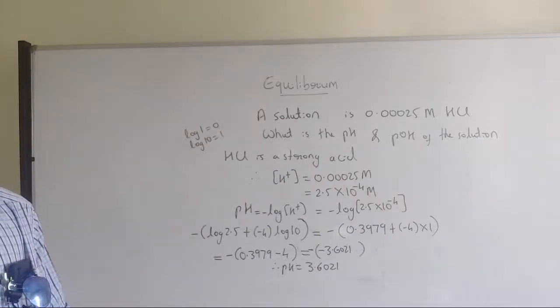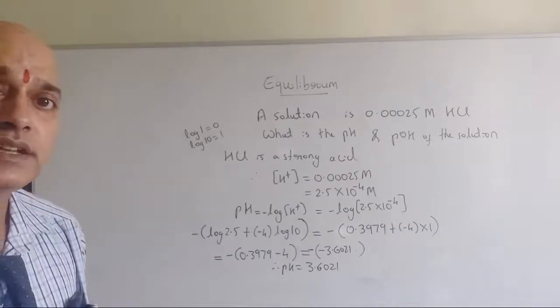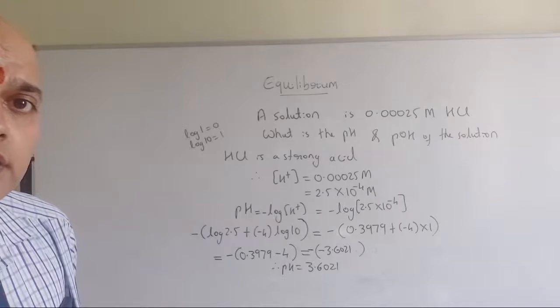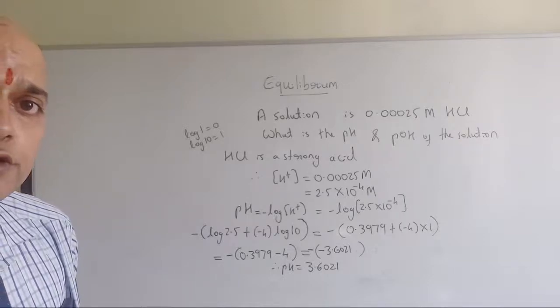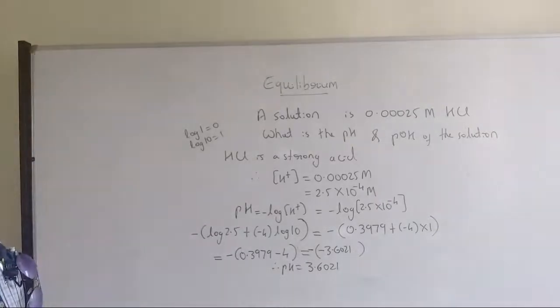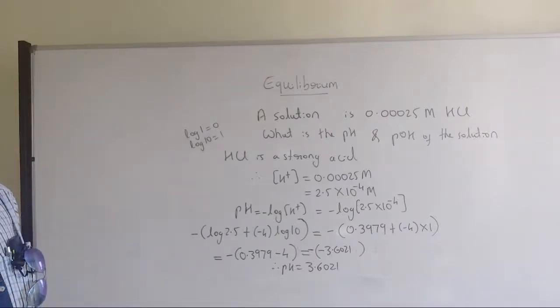We are halfway. Someone has written 0.6021. Why 0.6021? Okay, pH value will be 3.6021.